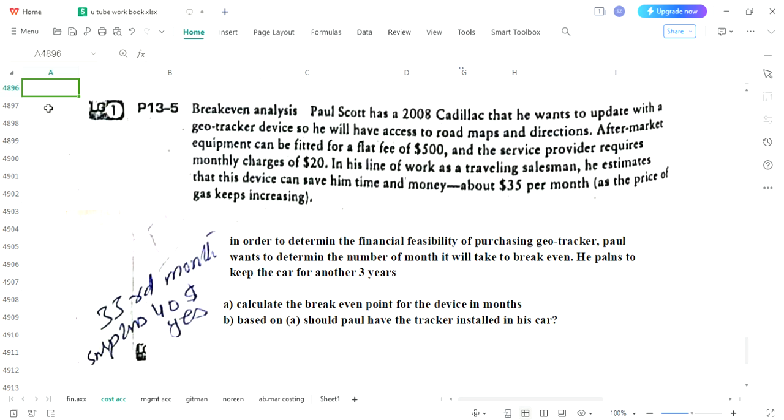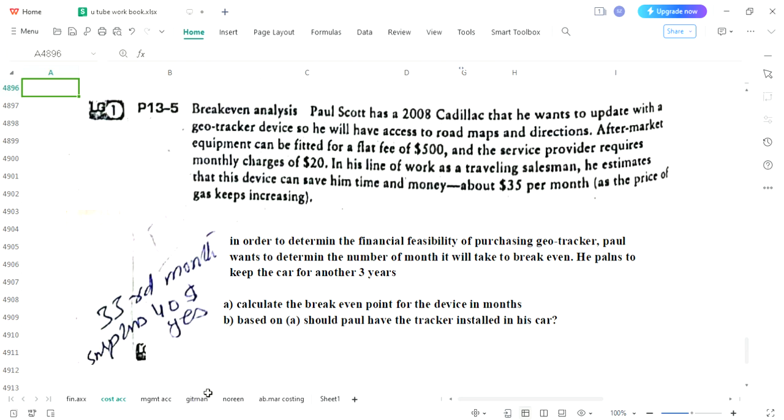Today's target is to solve question number 13.5. The chapter we are dealing with is leverage and capital structure, specifically break-even analysis.